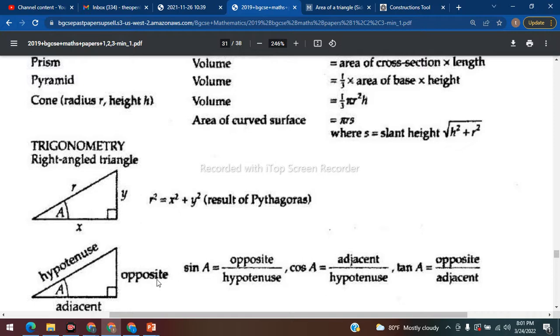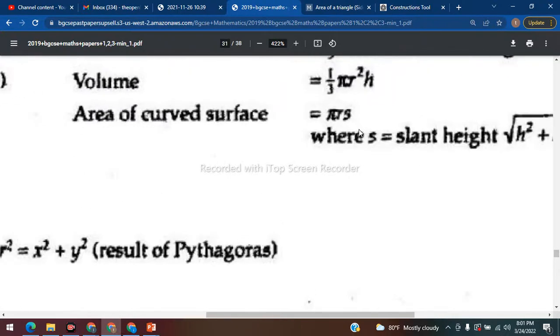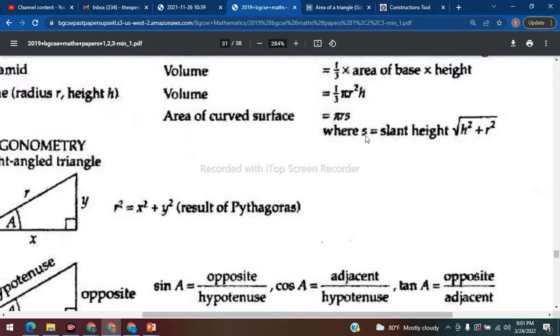We have the formula pi r s, and S is going to be equal to the slant height. So they're just trying to say that you need to know what pi is, and know what the radius is, and then for S, you need to do a separate thing and find it. It's going to be the square root of your height squared plus r squared. All right, so that's what they're giving you there.